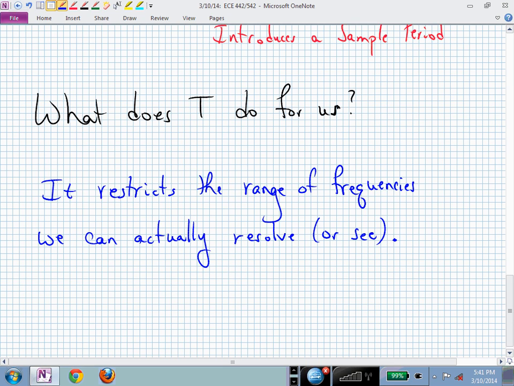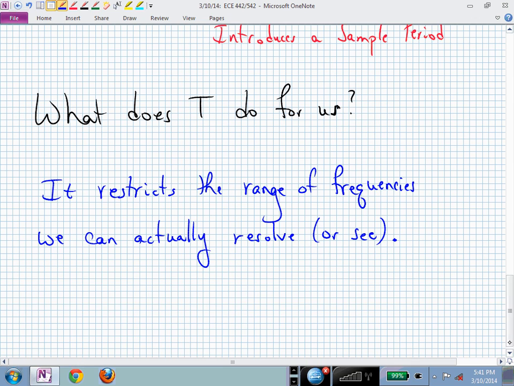5 might look like 1, for example, depending on how fast we're sampling. A signal that has a frequency of 5 might actually appear or be aliased to look like a frequency of 1 hertz if we've sampled at a particular frequency.